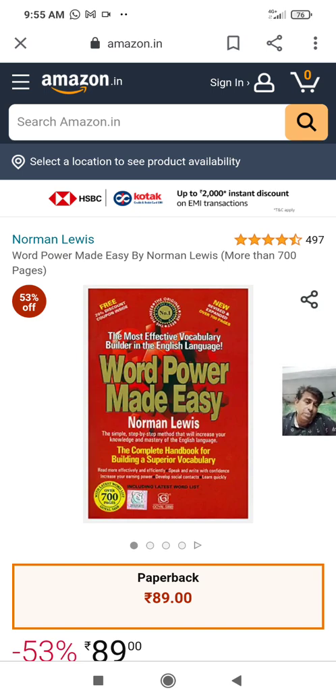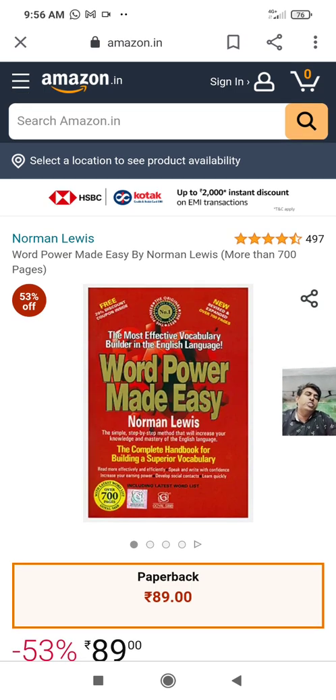Direct correlation. I told you about the word effect. That's why I kept this book on the screen, Word Power Made Easy. What is effect? What is measurable effect? What is direct correlation? Correlation is a mathematical word, and it is also an economics word, and it is an English word also.